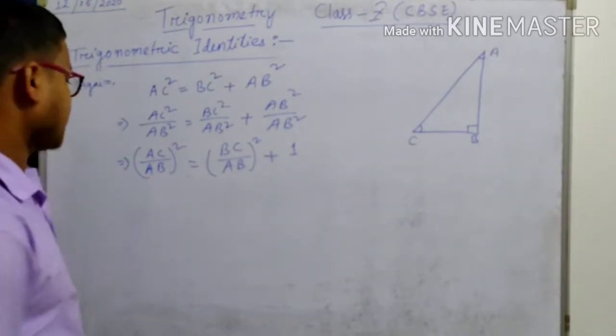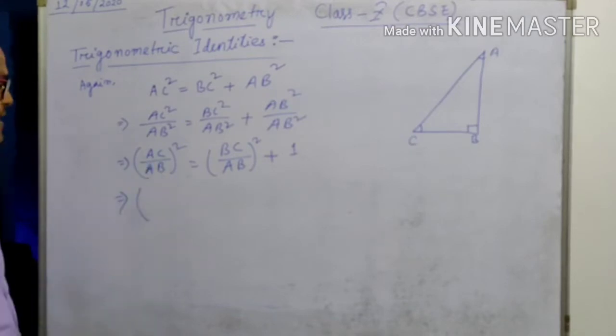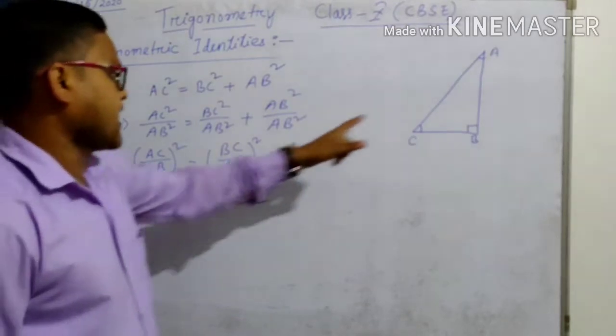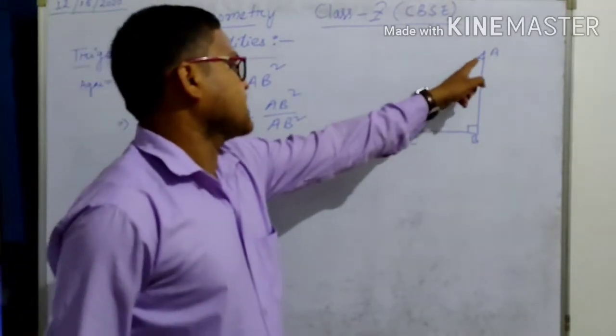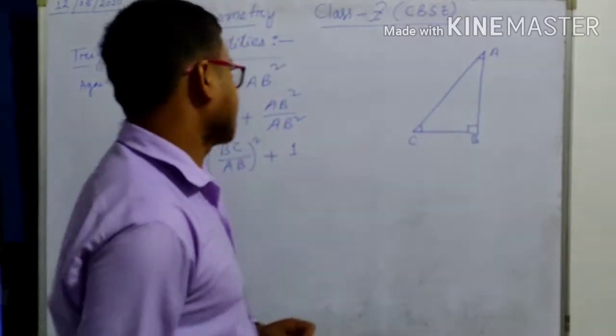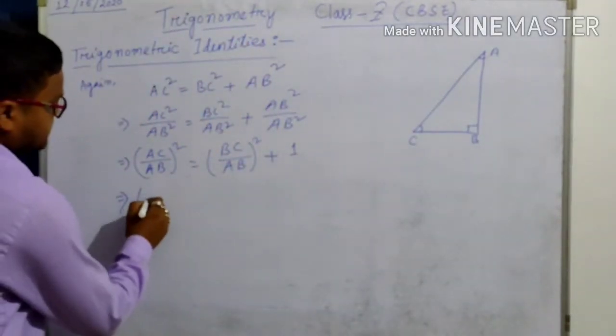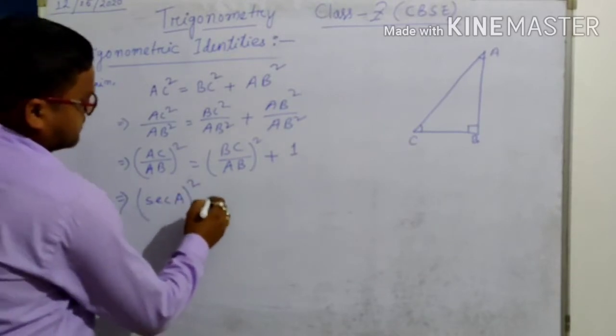What is the result? This will be 1. Now you see AC by AB. If you take angle A, AC is the hypotenuse by base, this is sec A whole square.